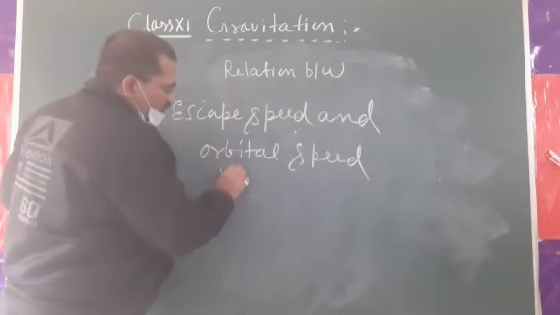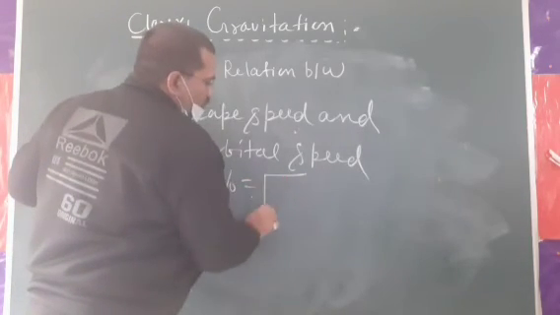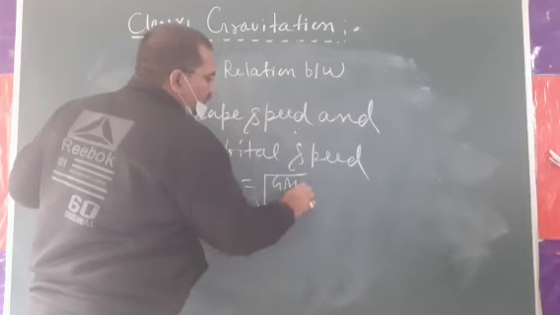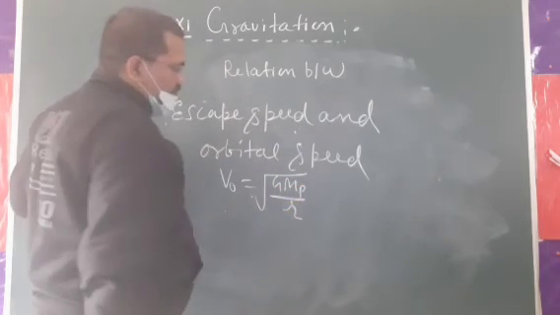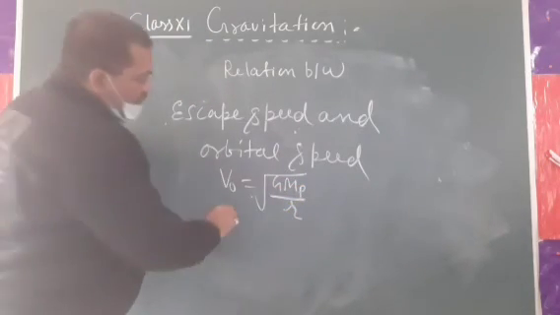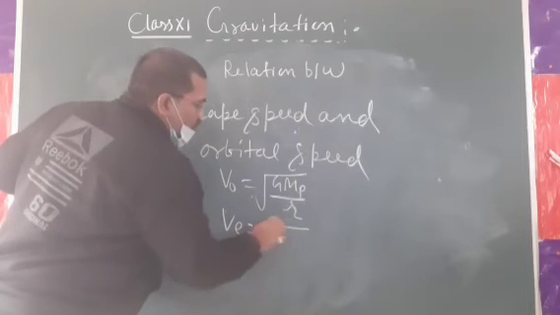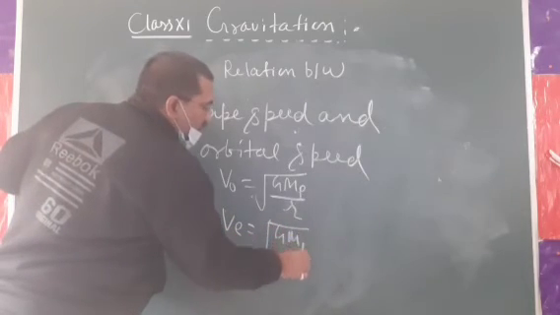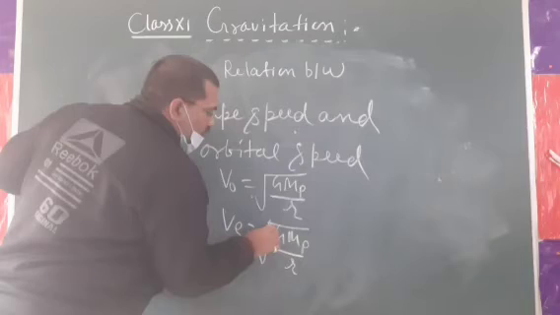As you know, orbital speed equals root G M_P upon r, and escape speed equals root 2 G M_P upon r.